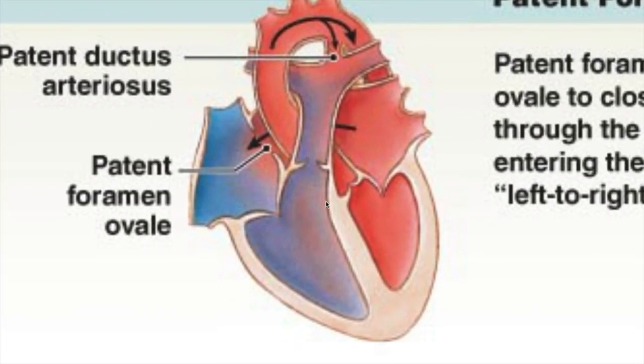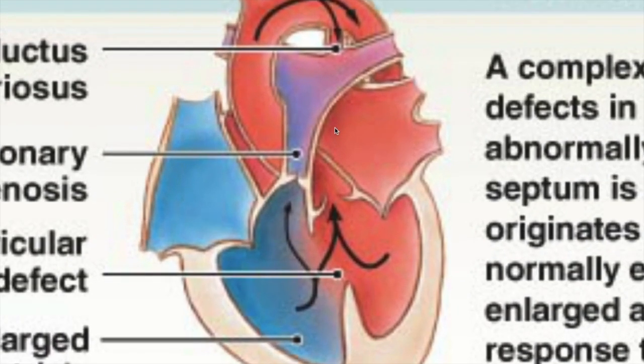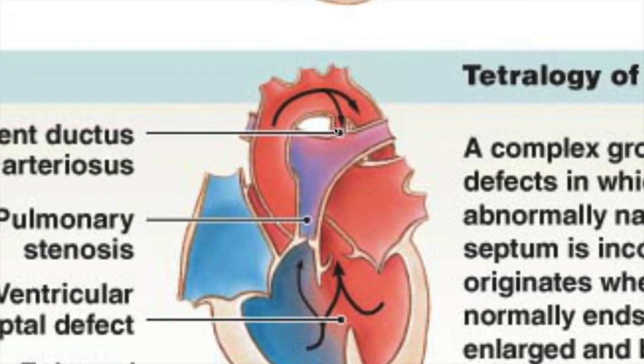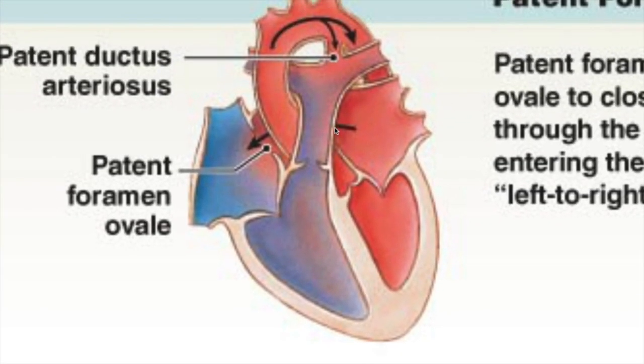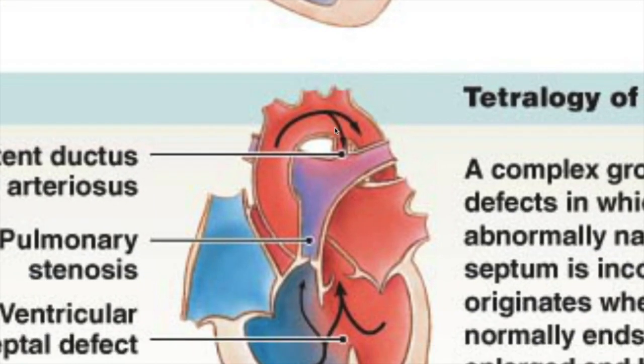Next one is called patent foramen ovale, where the foramen ovale doesn't close and you've got a hole between your right and left atria. The next one is patent ductus arteriosus, which I don't have a picture of. That's when the ductus arteriosus doesn't close.